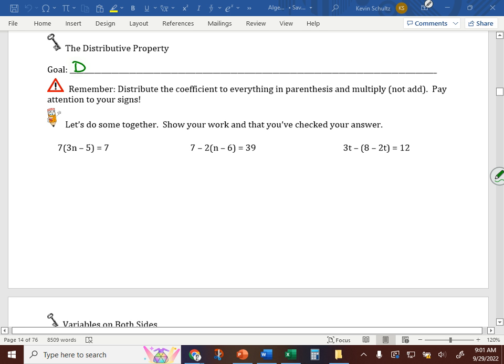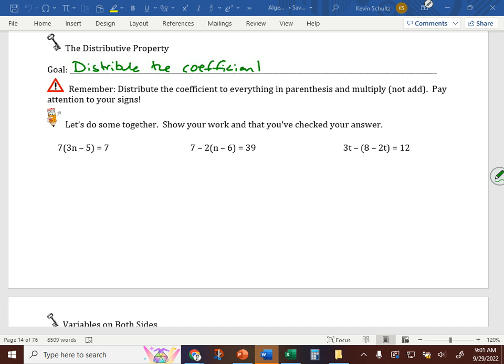The goal is to distribute the coefficients to eliminate parentheses. And what operation do we use when we distribute the coefficients? Leah, multiplication.